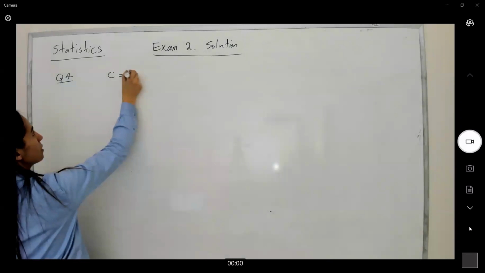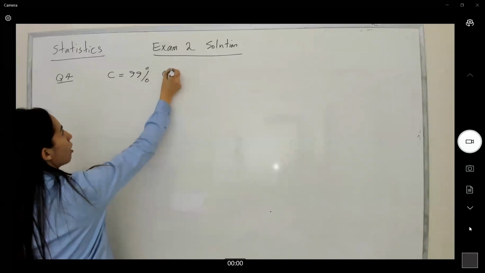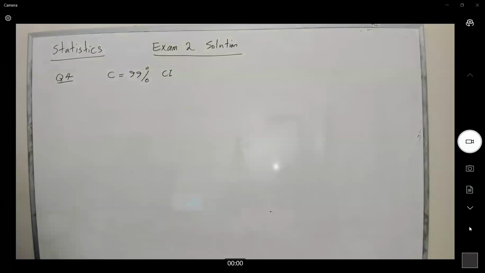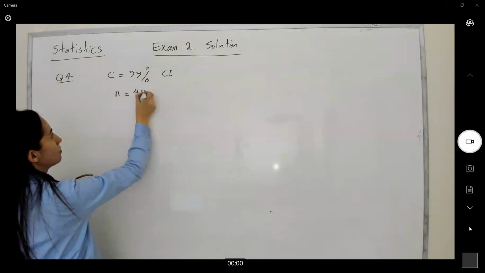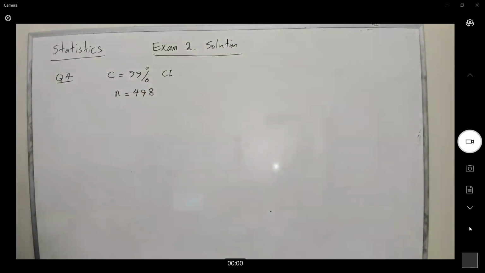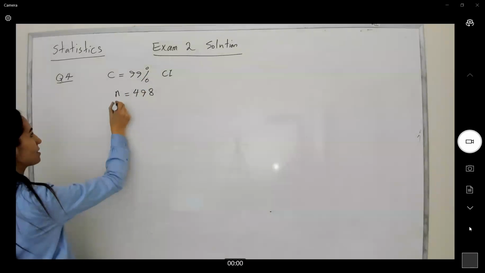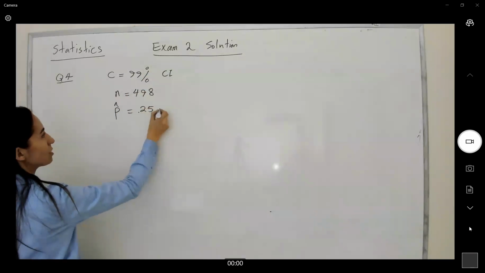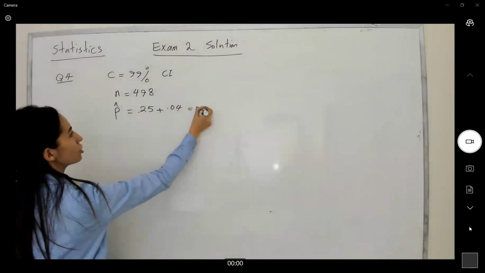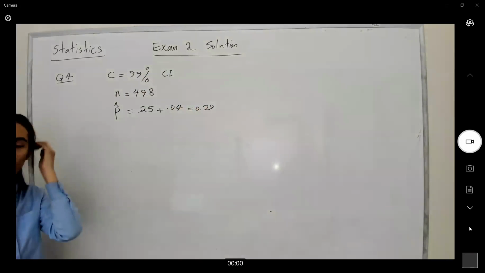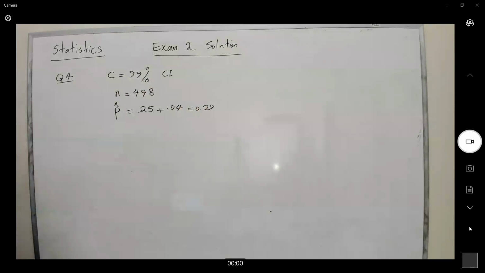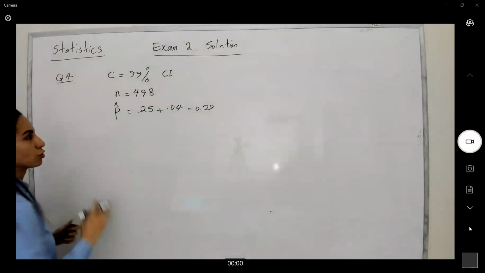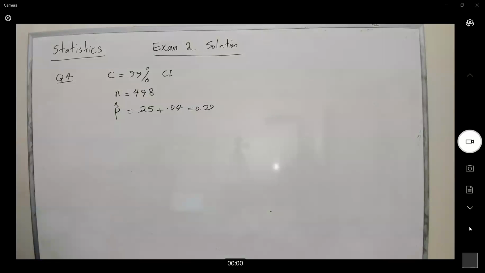So C is 99%, and your N is equal to 498. And the proportion are not dangerous drivers. P hat is 25% plus 4%, which is 29% are not. It means that the rest of them are more dangerous drivers.